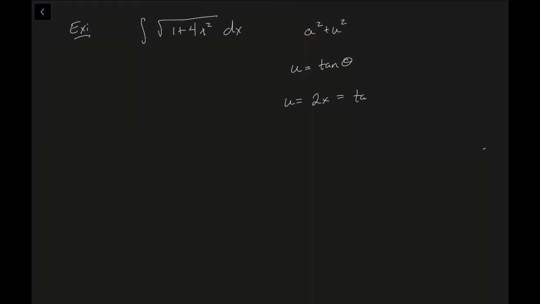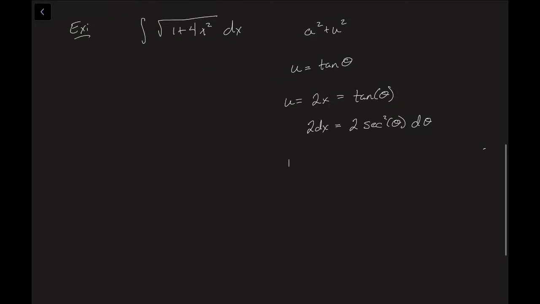And we're going to let 2x equal the tangent of theta. So what does that tell us about the derivative? That tells us that 2 dx is equal to 2 secant squared theta d theta.